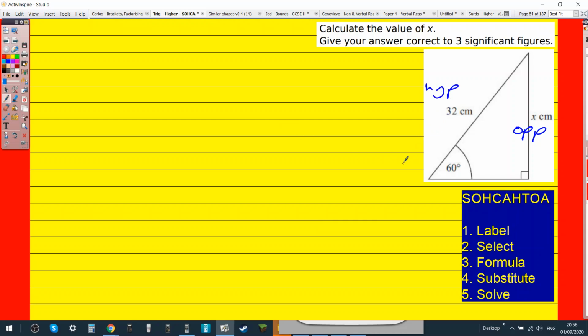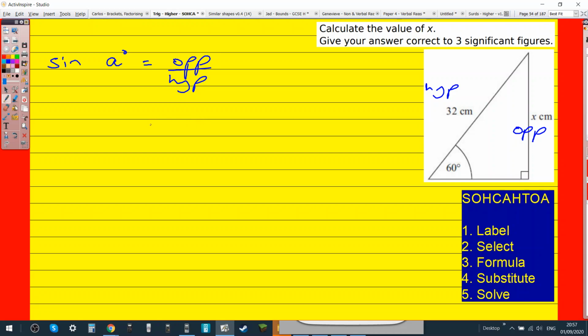Yep. So then you need to write it. No, it would be sine. So then you need to write it in formula. So sine of the degrees equals opposite over hypotenuse.